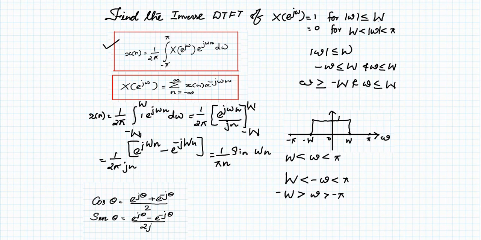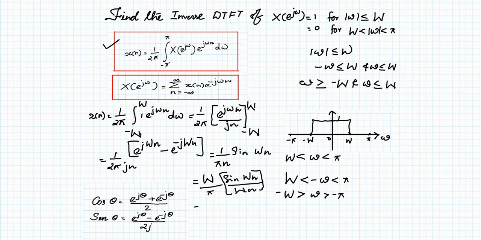For that we need to write one more term, which is missing here. wn is here, so we need w here. So you can multiply with w both at numerator and denominator. So you can write w divided by pi sin wn divided by wn, and this term you can write it as a sinc.